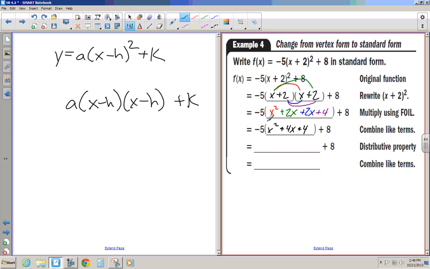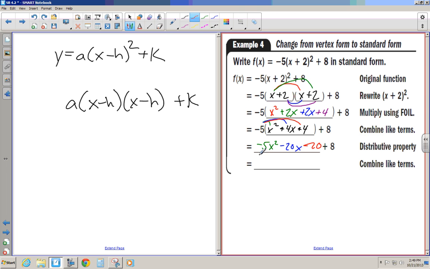Then you distribute. The negative 5 goes through, so negative 5 times x squared is negative 5x squared. Then negative 5 times 4x is negative 20x. And then negative 5 times 4 is minus 20.